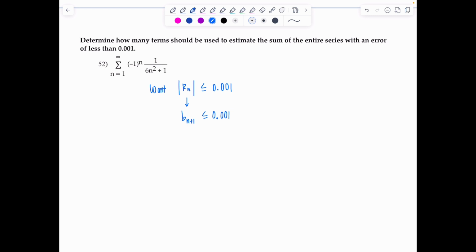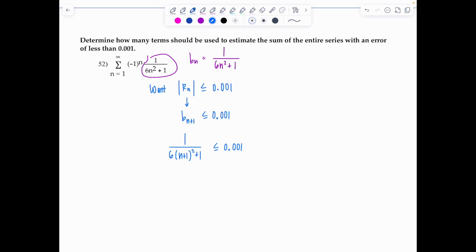What's b sub n? Can you even tell? Yeah, it's this part here. b sub n is 1 over 6n squared plus 1. So b sub n plus 1 would be 1 over 6 times n plus 1 squared plus 1. I need that to be less than or equal to 0.001.